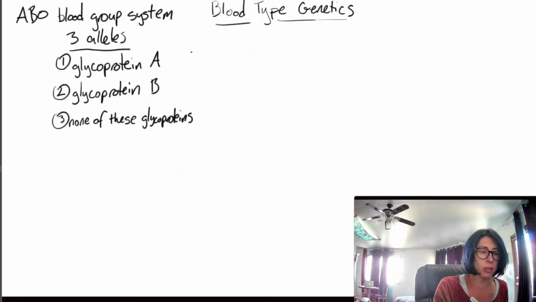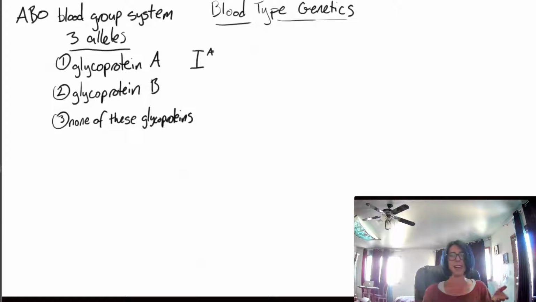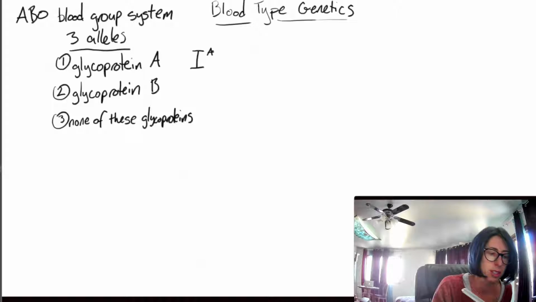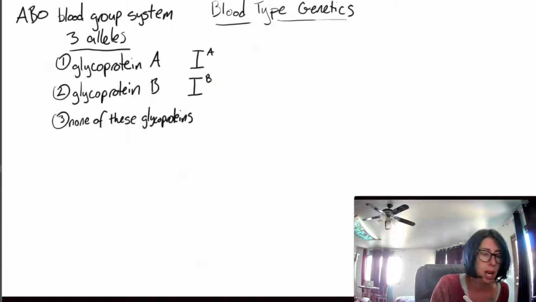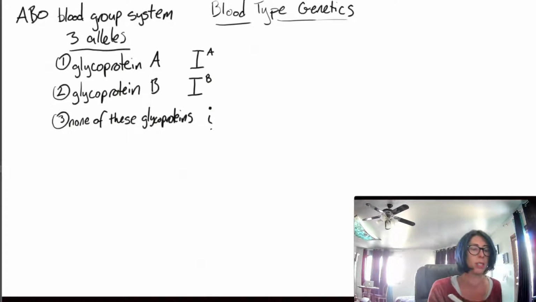So allele 1, we're going to display by a capital I and a superscript A. The I is just kind of a placeholder, and it's because, like I said, dominance and recessiveness is sort of complicated with blood type genes, as you will see. So glycoprotein B, the allele is annotated as a capital I with a superscript capital B. And then the code for not producing any of these glycoproteins is indicated by a lowercase i.